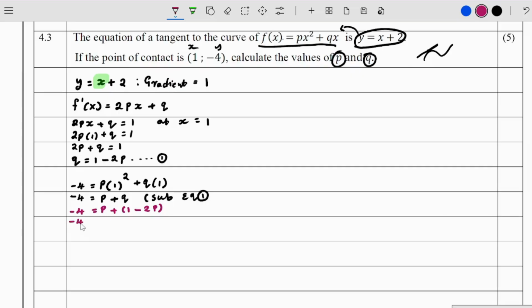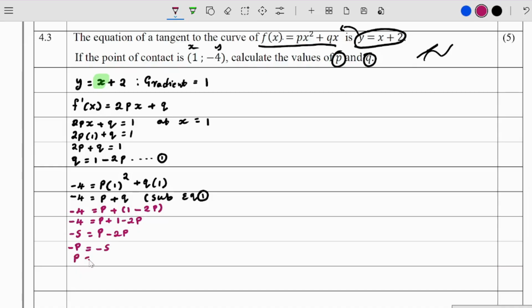So minus 4 is equal to p plus 1 minus 2p. Then you take 1 to the other side, it becomes negative, so negative 5 is equal to p minus 2p. And p minus 2p becomes negative p. Negative p is equal to negative 5.